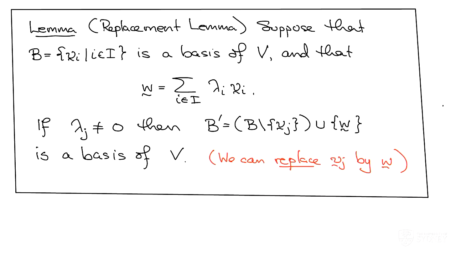And in doing that process, I stay as a basis. Just to run through it again, you've got a basis, you've got a w written as a linear combination of those basis elements with lambda j, let's say, being non-zero. Then you can throw out v subscript j and throw in w, and you stay a basis.